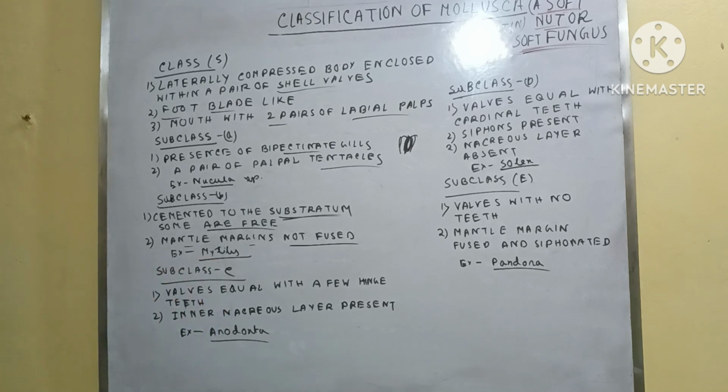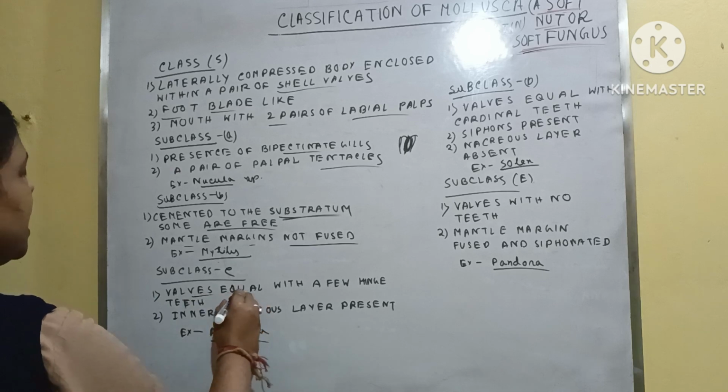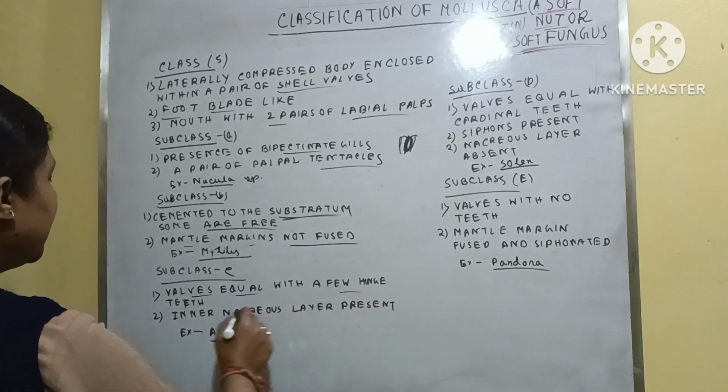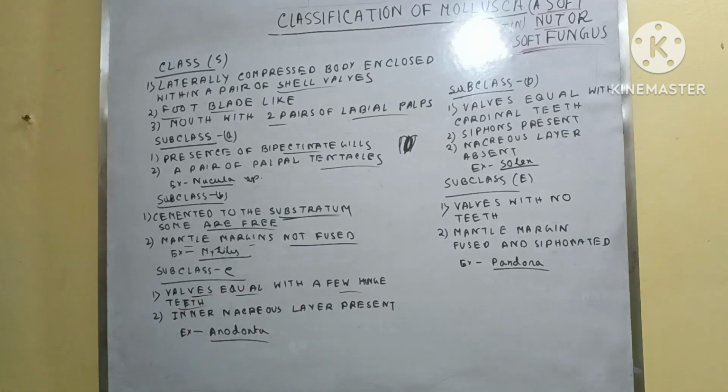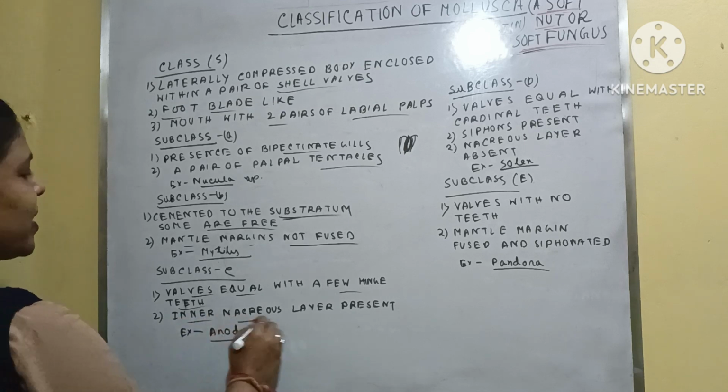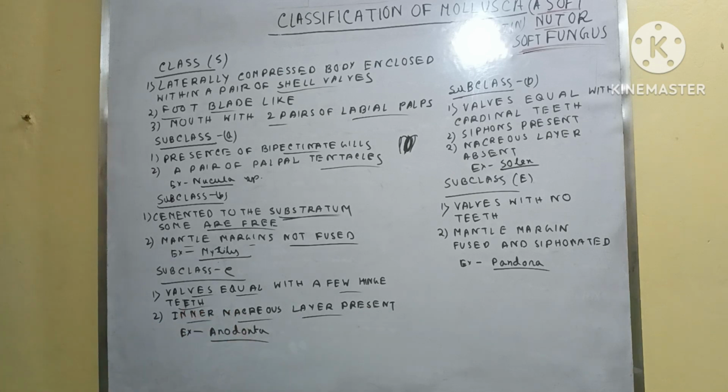Next is subclass C, that is the Paleoheterodonta, and here the valves are equal with few hinge teeth and an inner nacreous layer is present.